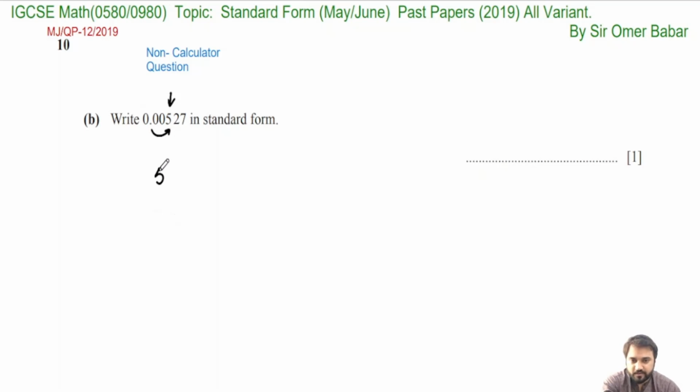So I'm going to write 5.27 into 10 raised to power negative. Why? Because the decimal is on the left side of our main digit. And how many digits did it cross? 1, 2, 3. So I'm going to write 3. This is the answer: 5.27 into 10 raised to power -3.